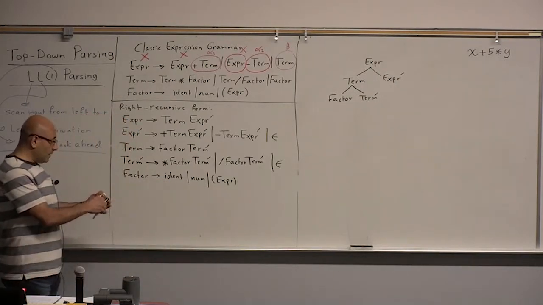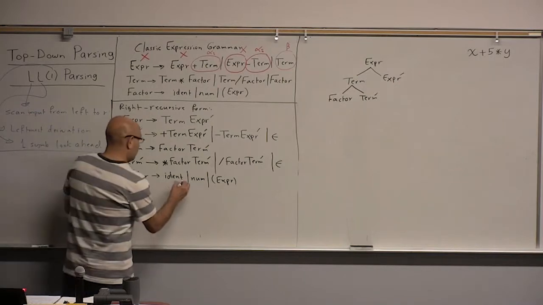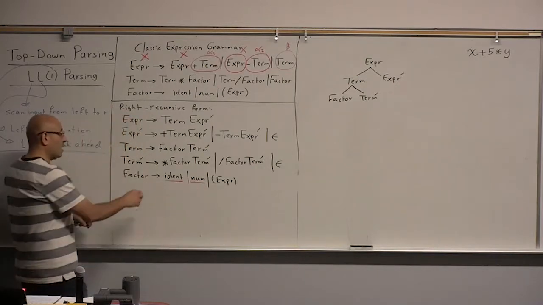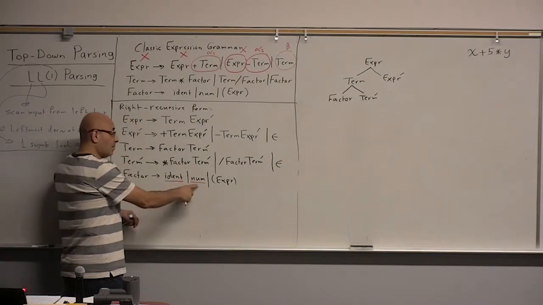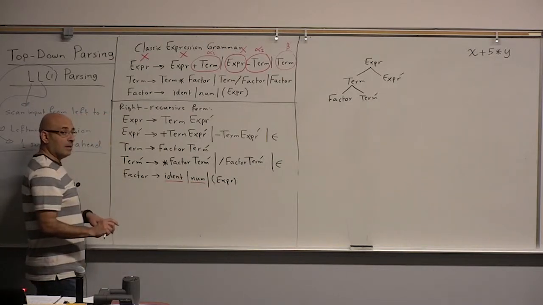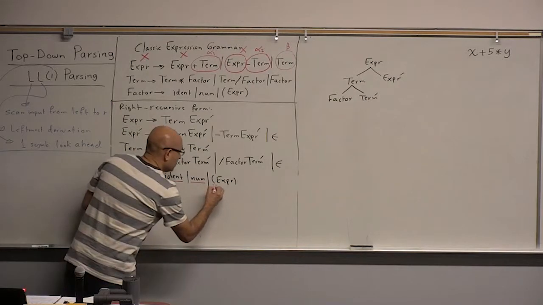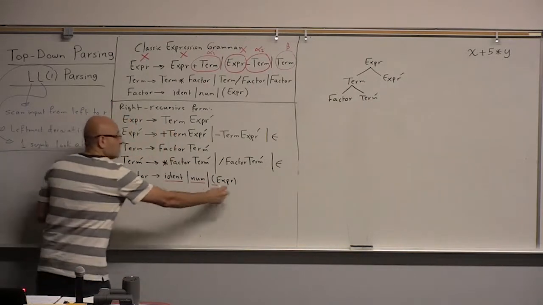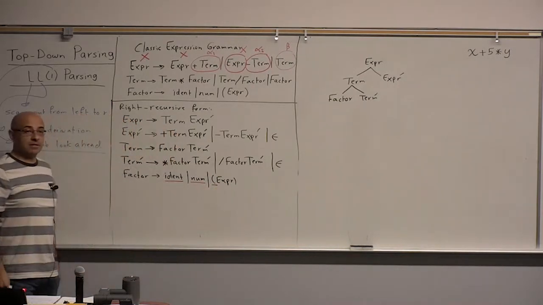Now, identifier, number, and the open parenthesis are terminals for our language. Identifier is one terminal, number is another terminal, and here the terminal is the open parenthesis. Expression is a variable, a non-terminal.